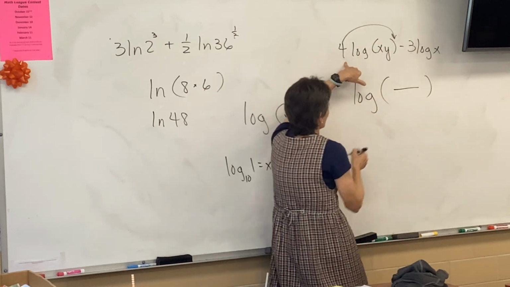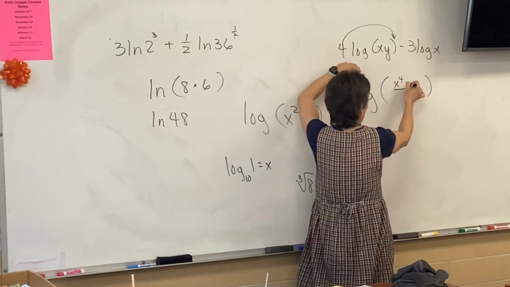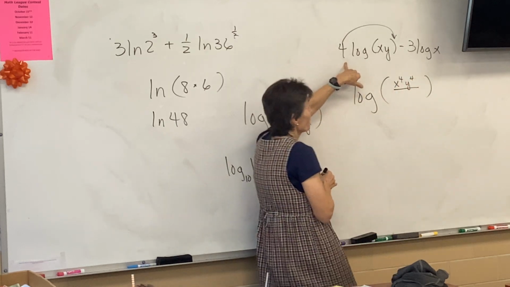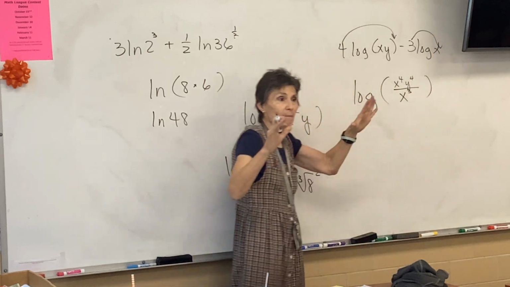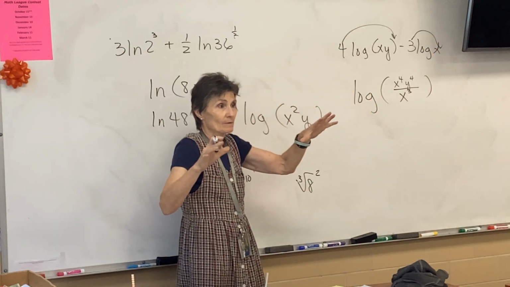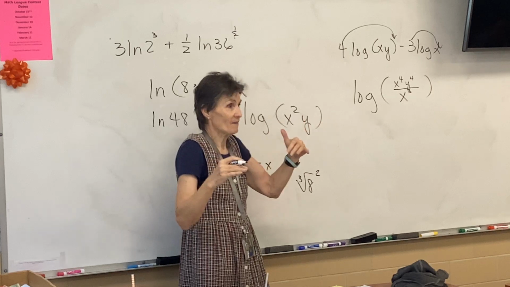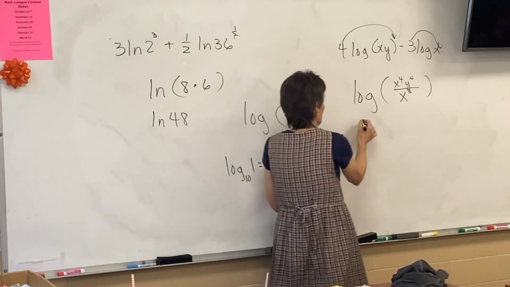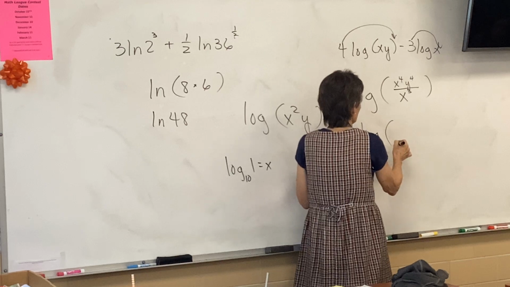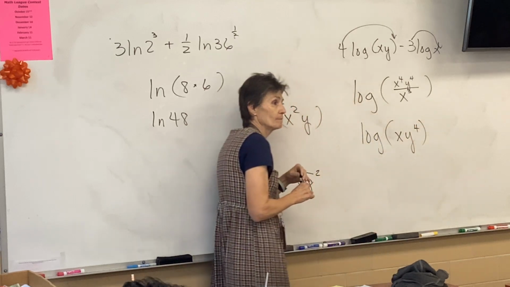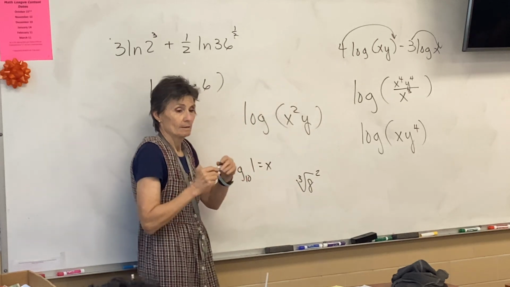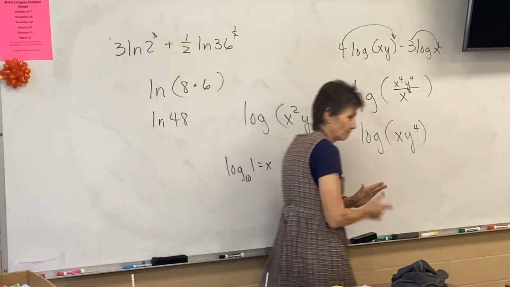X to the 4th, y to the 4th on the top, over x to the third. Did everybody keep up with that? Yeah. Okay, now we can simplify that, so we will. So that's the log of x y to the 4th. Boom, as you guys say.